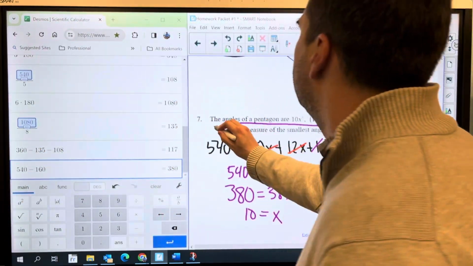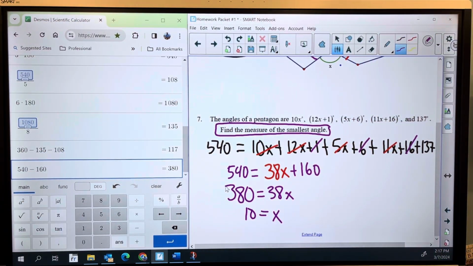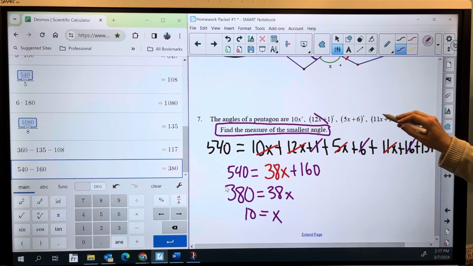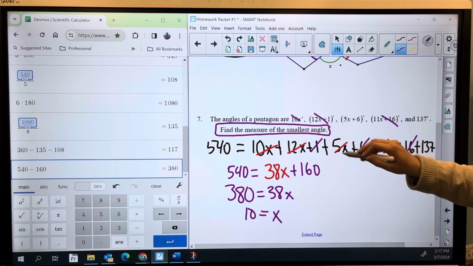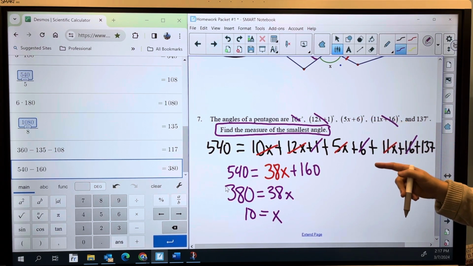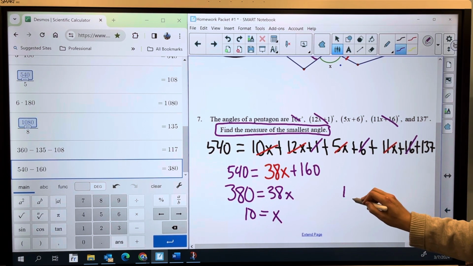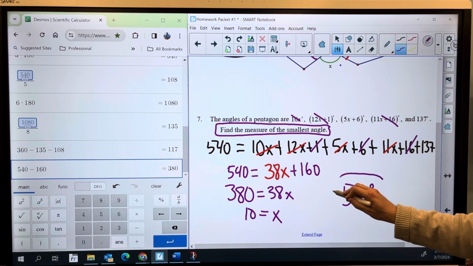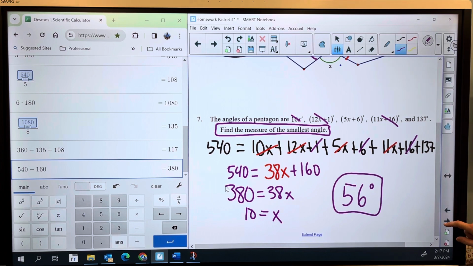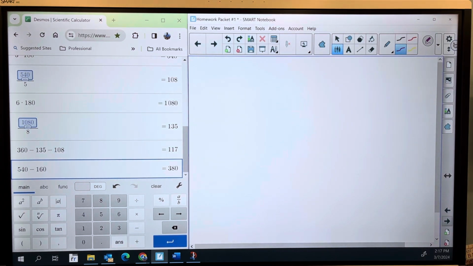The question is, what is the smallest angle? I can throw away the 12x plus 1, that one looks pretty big. So I'm going to go to that 5x plus 6. 5 times 10 is 50, plus 6, 56 degrees. All right, that takes care of day 1.